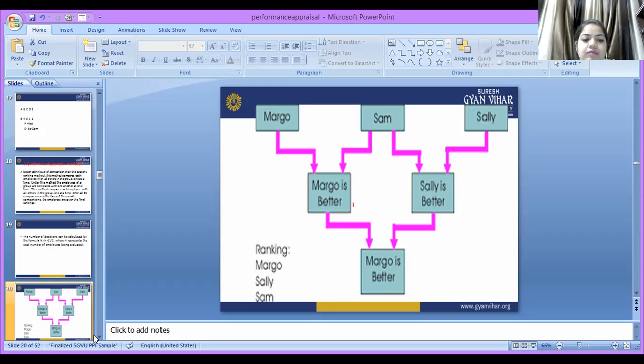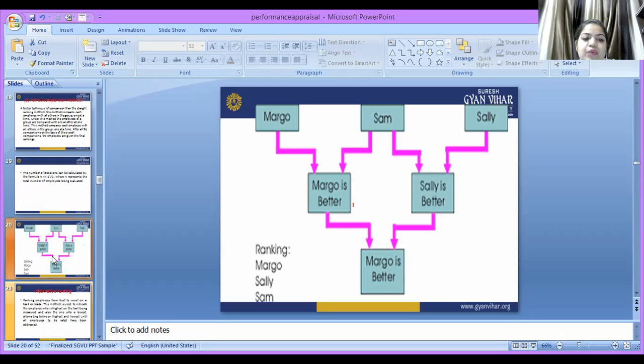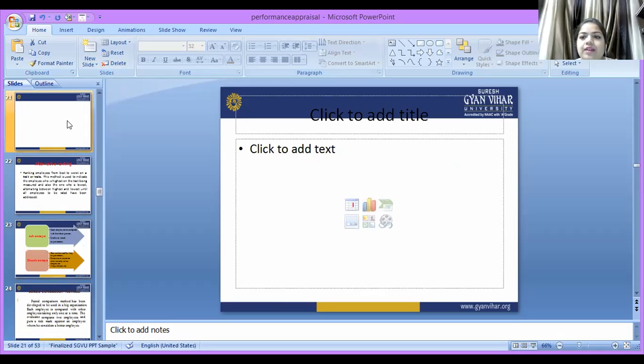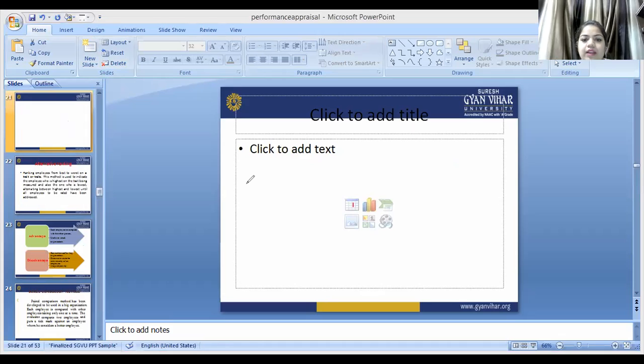Okay. We can understand it through another example also. Suppose there are 5 employees: A, B, C, D, and E. Here are the 5.